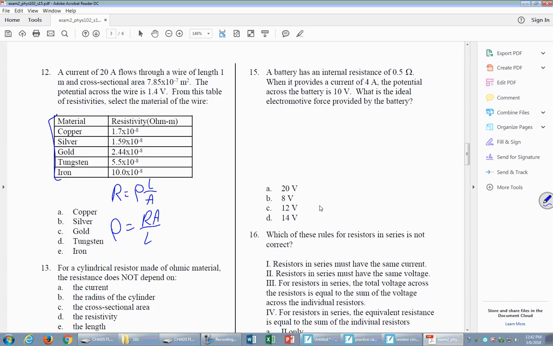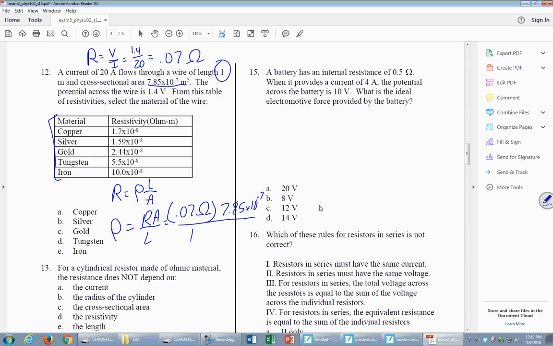I also need to find the resistance. R is V over I. That is 1.4 over 20. What's that, 0.07 ohms? So I have 0.07 ohms. The area is given, 7.85 times 10 to the minus 7, divided by the length.